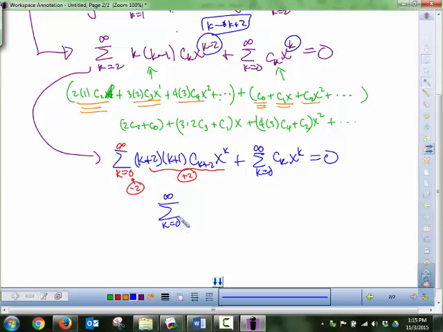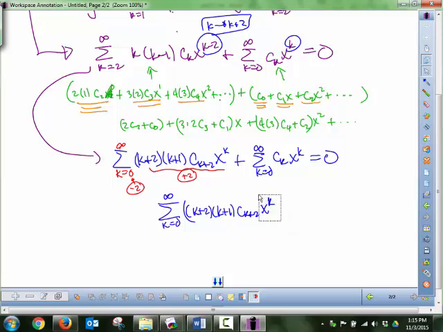And so we can put this into one sum, k equals 0, and I'll just copy everything else and add them. So k plus 2, k plus 1, c sub k plus 2 times x to the k. Now, instead of writing x to the k there, I'm going to have x to the k over here that I'm going to factor out anyway. So I will take this x to the k and factor it out.